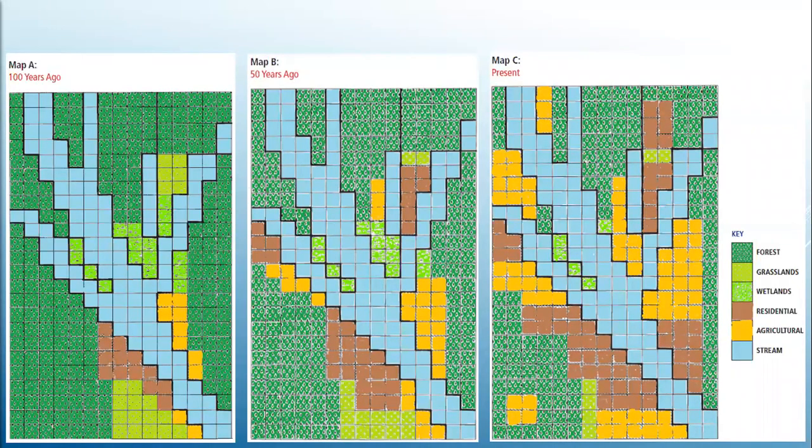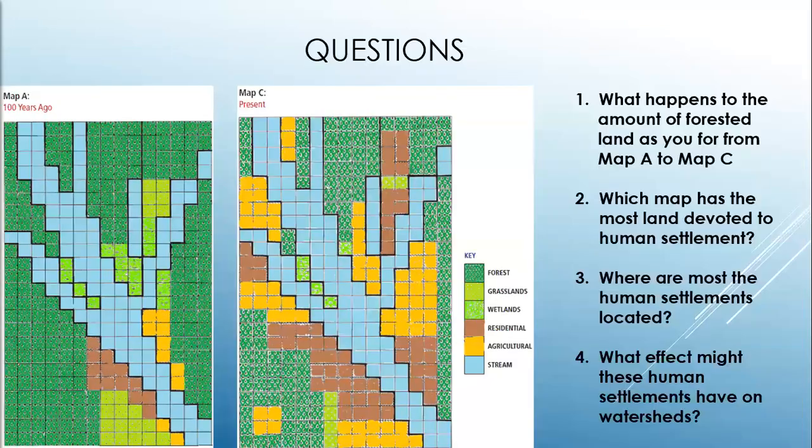So now the residential area has increased while the forested area has decreased. So this is just comparing map A and map C.